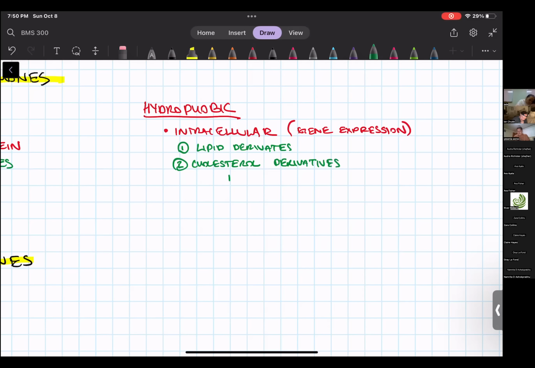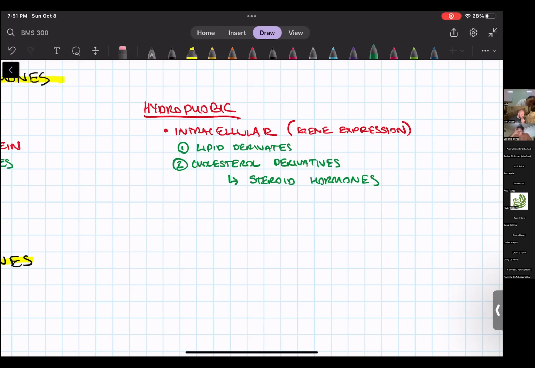And the big one we talk about a lot is the steroid hormones. So these are things like aldosterone, obviously testosterone, other androgens. These are the ones that can pop right through the cell membrane and act directly on the genes themselves.